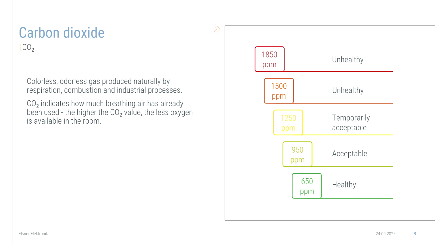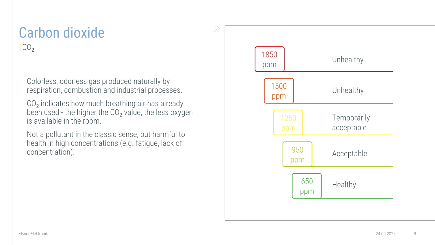The higher the CO2 value, the less oxygen is available in the room. CO2 is not a pollutant in the classic sense, but it is harmful for health in high concentrations, for example fatigue, lack of concentration and so on. And important, it's a direct indicator of indoor air quality as it is strongly related to fresh air supply.